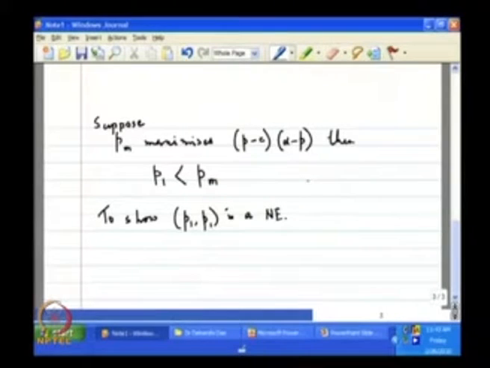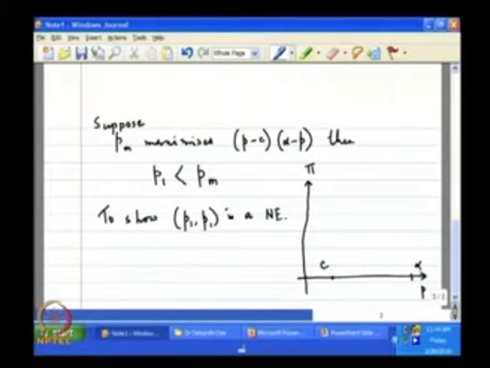So, in terms of diagram, this is the old Bertrand diagram. So, this is C, this is suppose alpha, and this is the profit function.